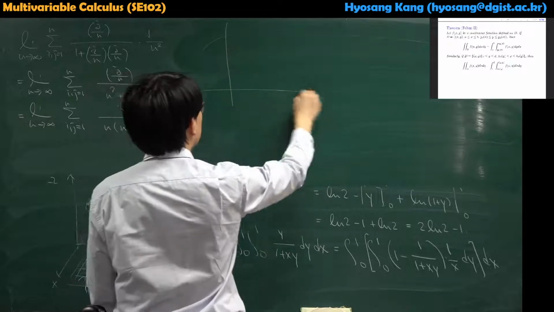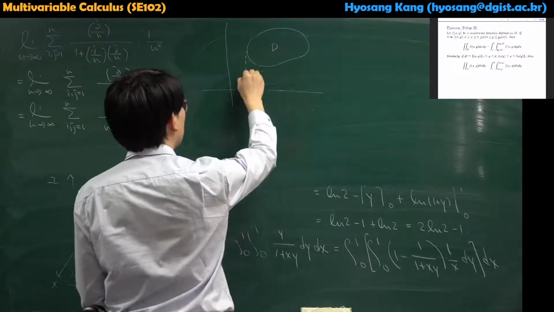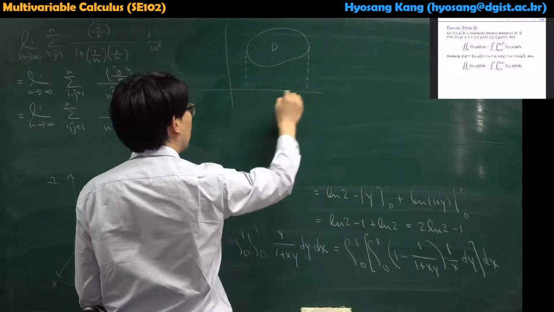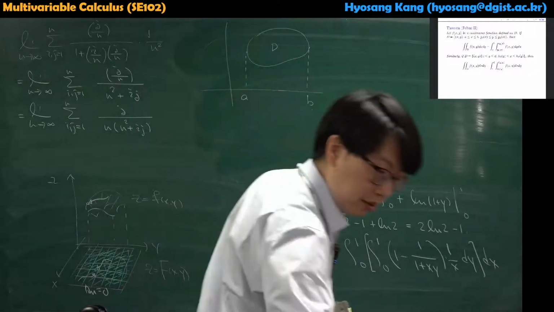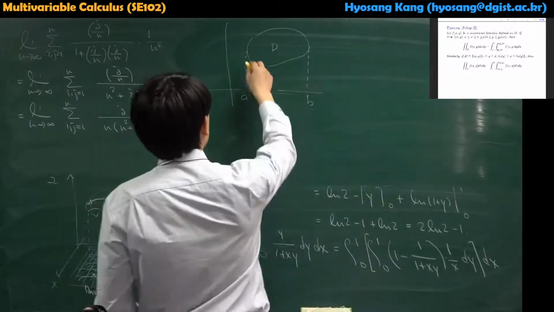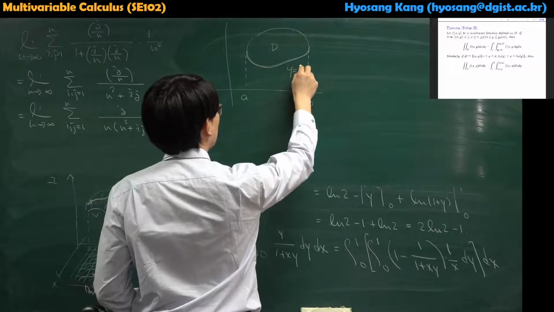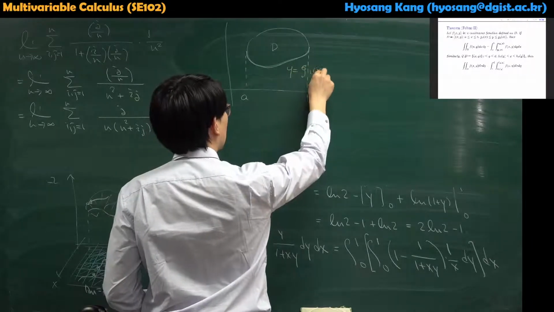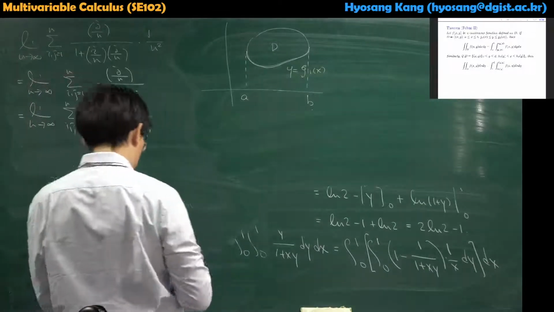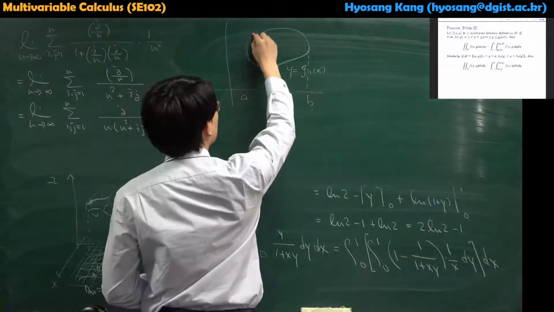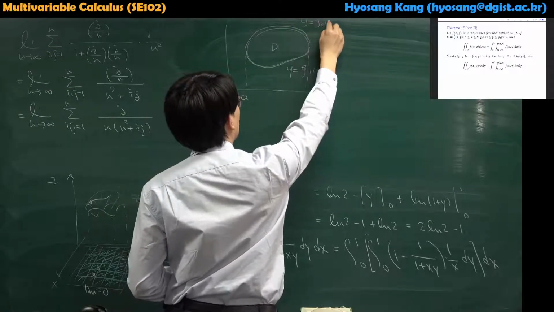So here's the range D. Here's a to b, and the bottom part is the graph of the single variable function g1(x), and the top part of region D is the graph of g2(x).